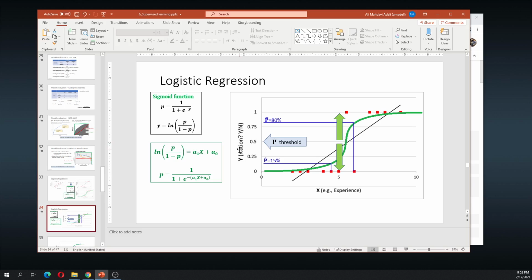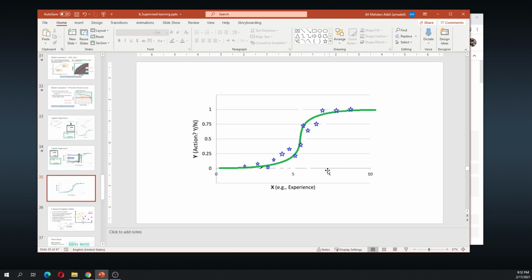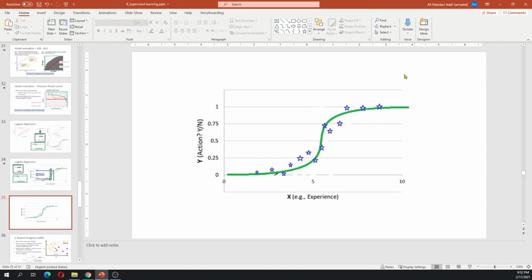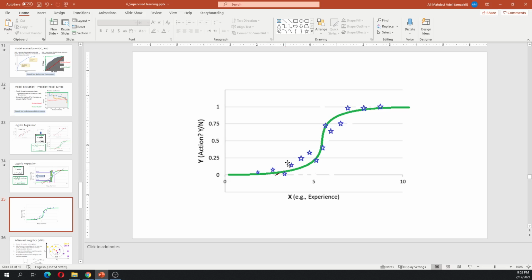Let me show you another slide. Let's say these are the predicted probabilities that we have here. If we choose the default threshold, 0.5, all these, 1, 2, 3, 4, 5, 6, would be assigned a 1, and all these blue ones would be assigned a 0.